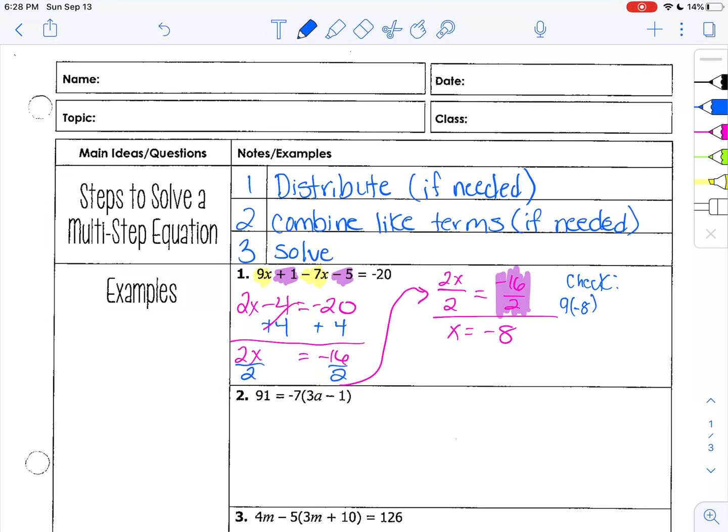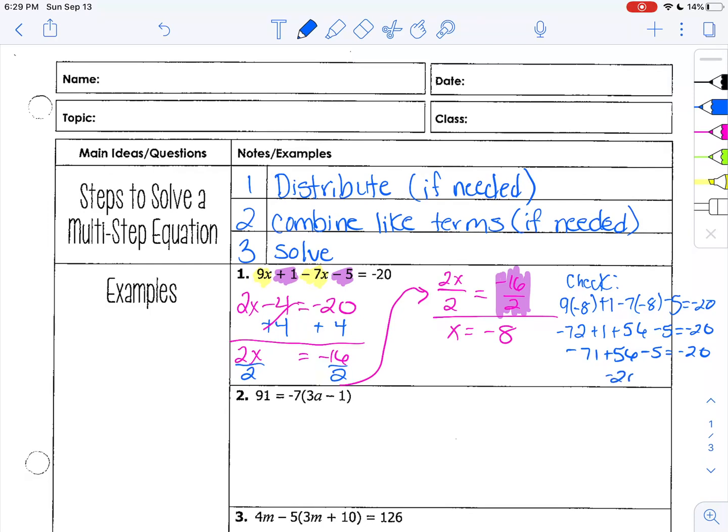So 9 times negative 8 plus 1 minus 7 times negative 8 minus 5 should come out to negative 20. That's negative 72 plus 1 plus 56 minus 5 equals negative 20, which is negative 71 plus 56 minus 5 equals negative 20.